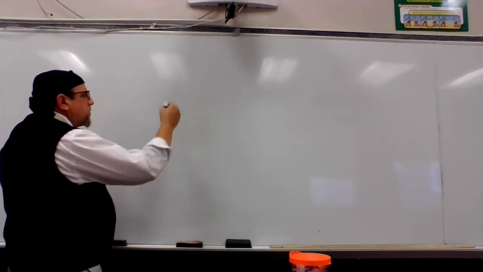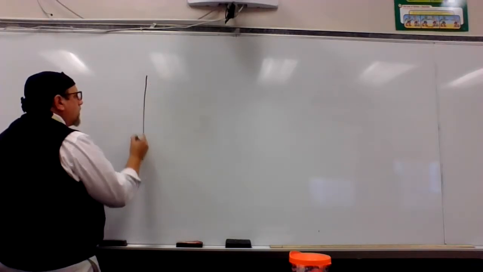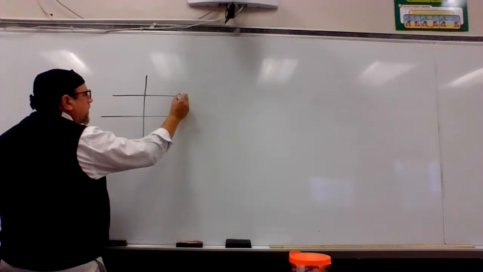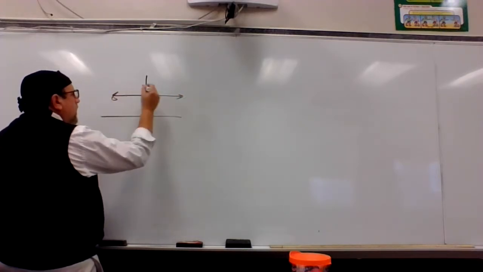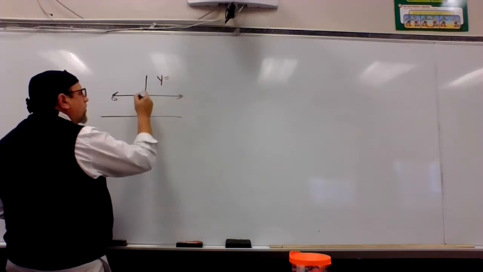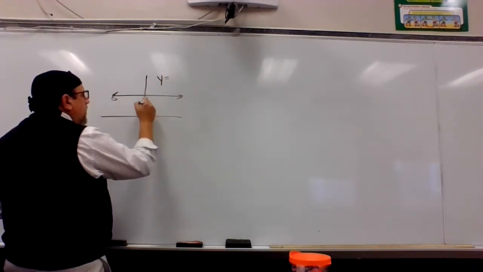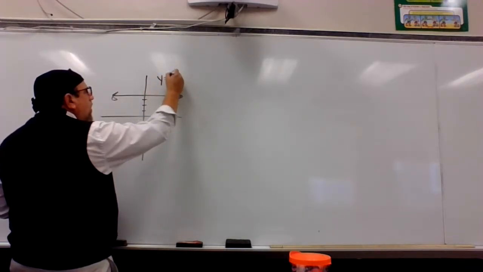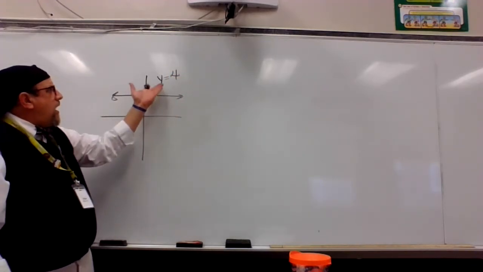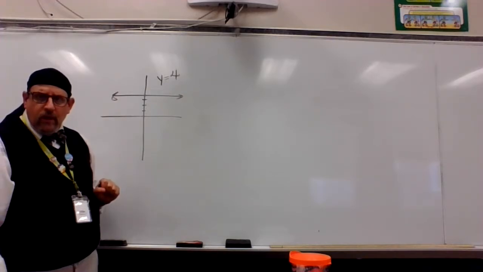I'm going to just put up some blank coordinate grids, and I'm going to put a line up here. And I'm going to say that this is y equals, what's this? 1, 2, 3, 4. Y equals 4. You see that there's no extra variable, right?